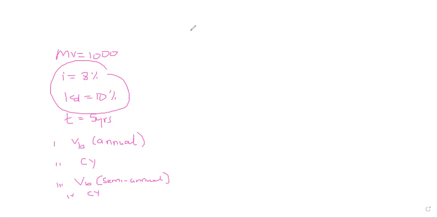All right. So the value of the bond is given by our coupon value, you multiply by the present value annuity factor, plus the maturity value, you multiply it by the present value interest factor. So how do we find capital I?